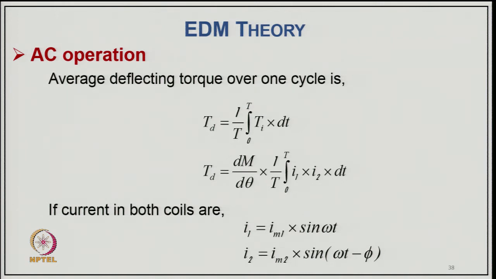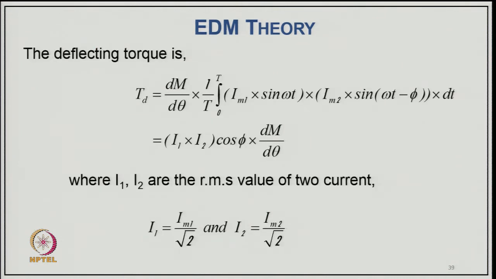If the currents in both coils for AC operation are I1 equal to Im1 sin omega t and I2 equal to Im2 sin(omega t minus phi), then the deflecting torque is Td equal to dM upon d theta into 1 upon T integral 0 to T of Im1 sin omega t into Im2 sin(omega t minus phi) dt, and that is equal to I1 into I2 cos phi into dM upon d theta, where I1 and I2 are the RMS values of the two currents, I1 equal to Im1 by root 2 and I2 equal to Im2 by root 2.